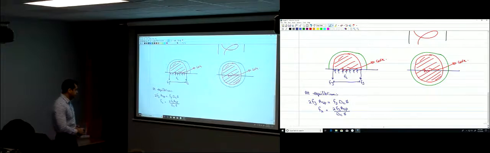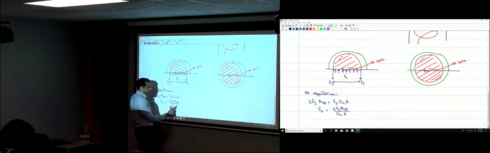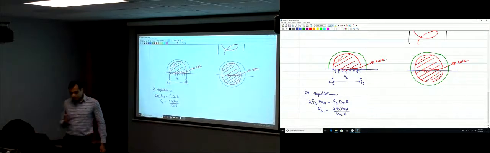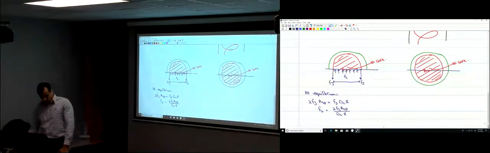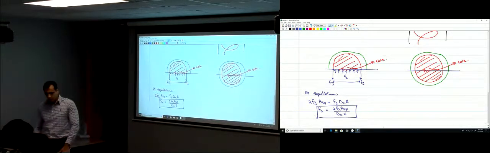It's a function of the area of the stirrups, the spacing or the pitch, and D core. That's F2. Let's keep this for a while. We're going to use it in a moment.